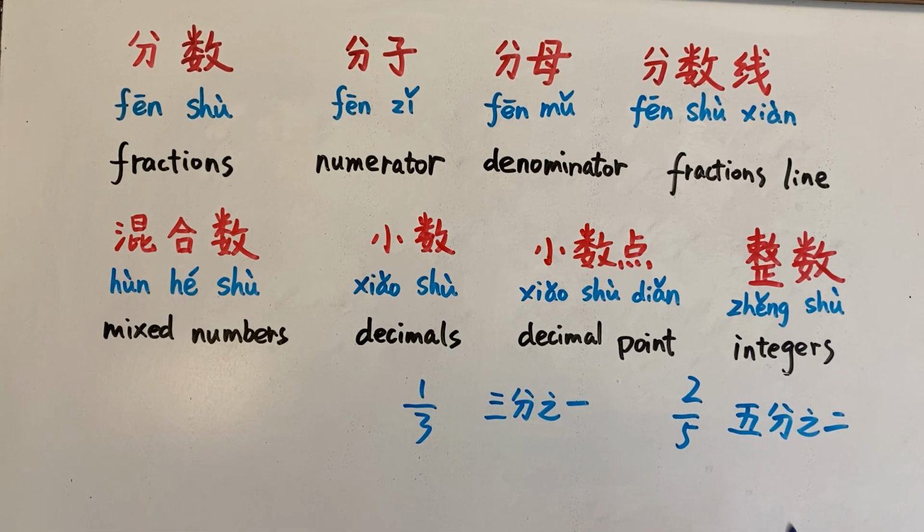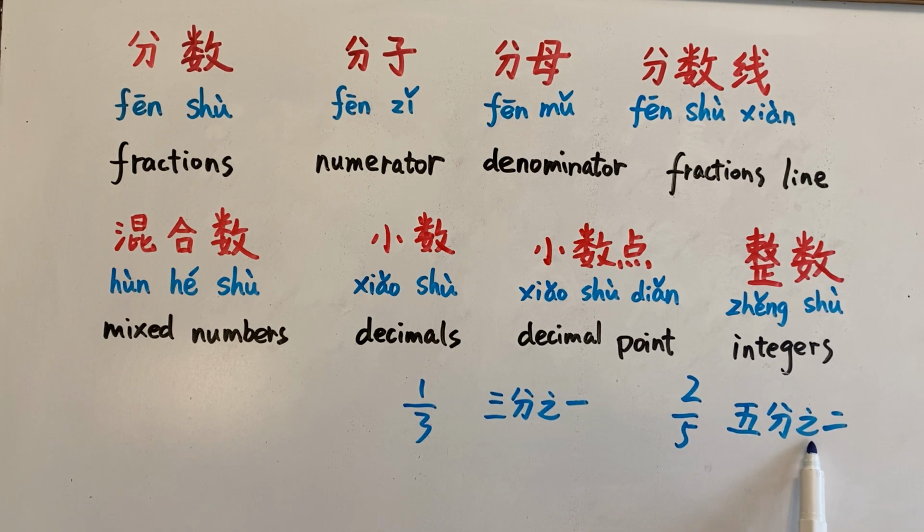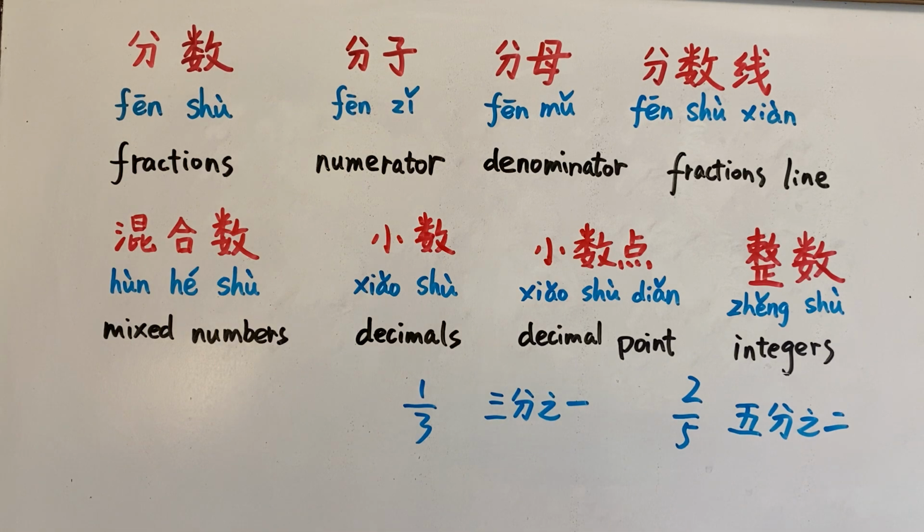It means we divide the whole into 5 parts, and this fraction takes part 2. 五分之二.